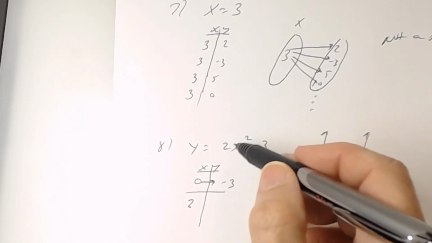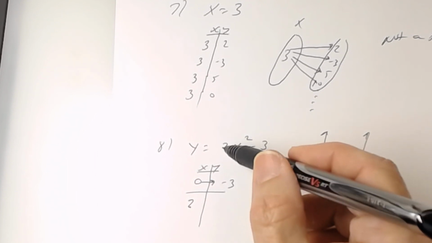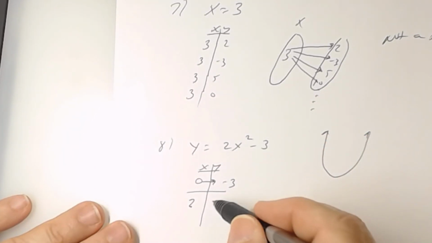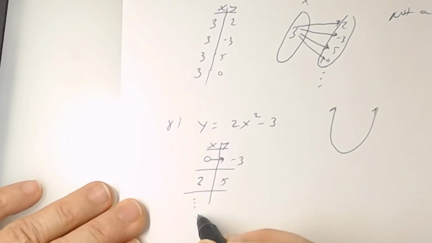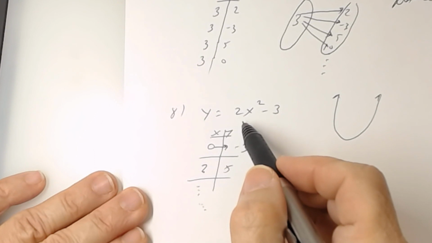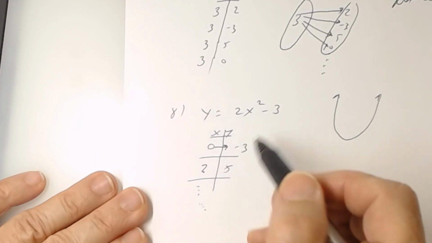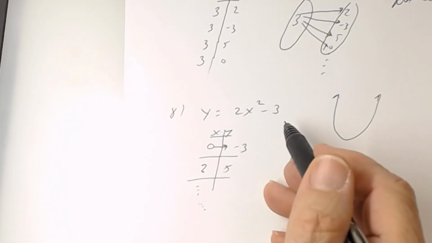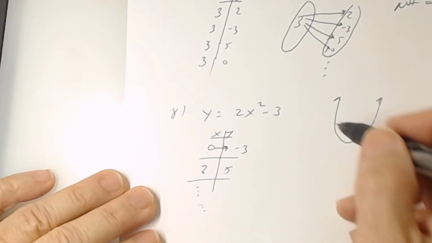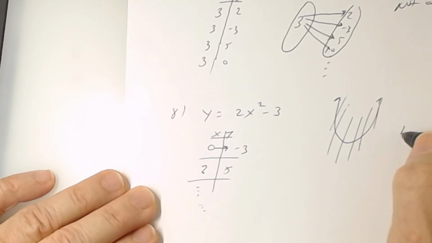In your mind, you're figuring it out. 2 squared is 4. 4 times 2 is 8. 8 minus 3 is 5. Is that going to be the situation always? Yes. If I plug in 100 for x, 100 squared, times 2, minus 3, how many values do I get? 1. Hence, it passes the vertical line test. So that's a function.